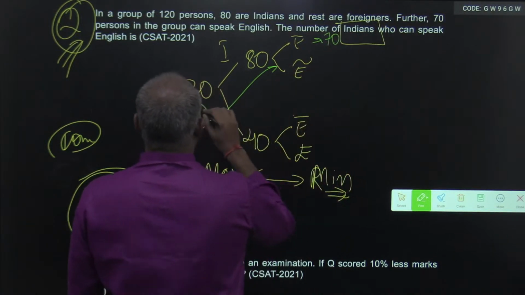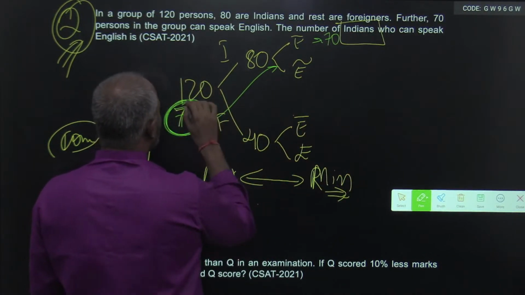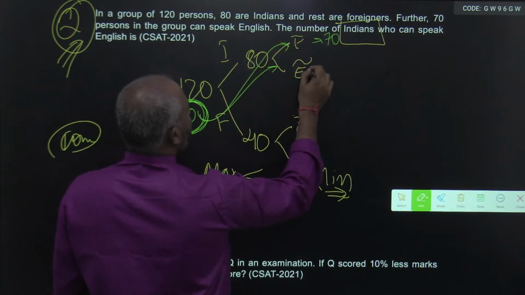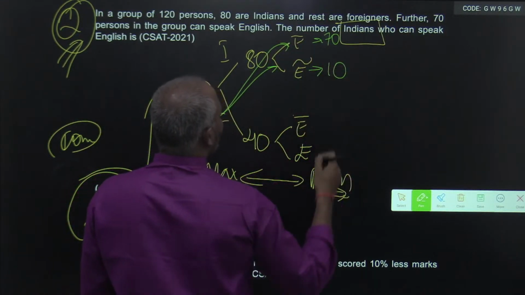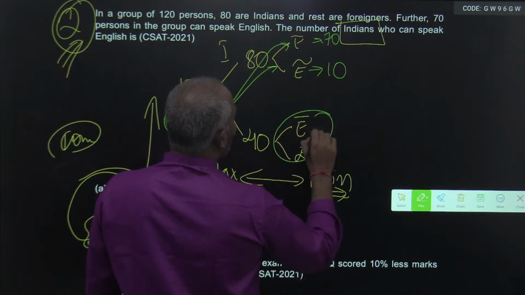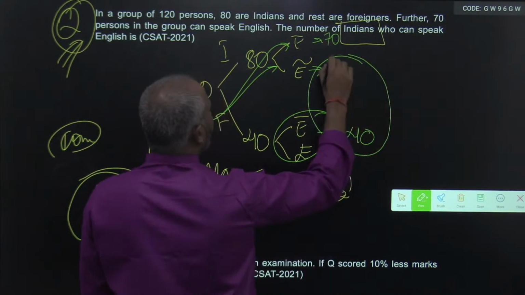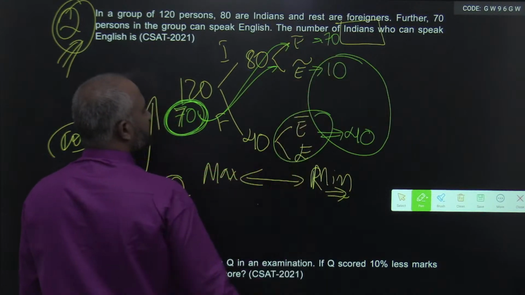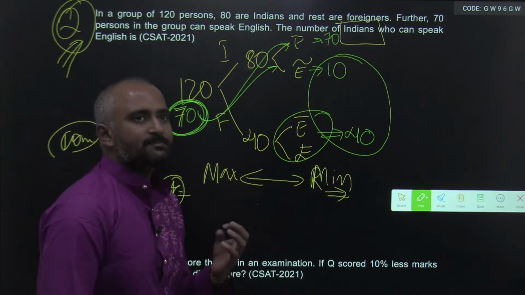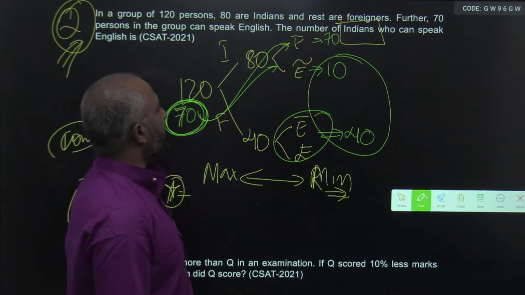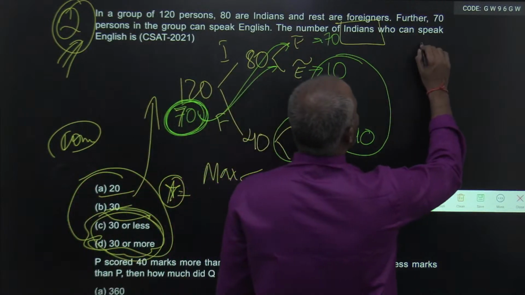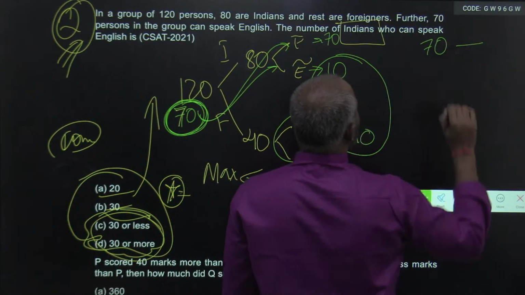All the persons in the group who speak English are Indians. That means Indians who don't speak English are 10, and all the foreigners who don't speak English are 40. So 50 don't speak English and 70 speak English, and all the 70 are Indians. So the maximum Indians who can speak English are 70.